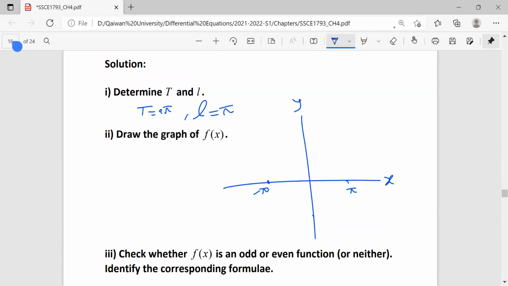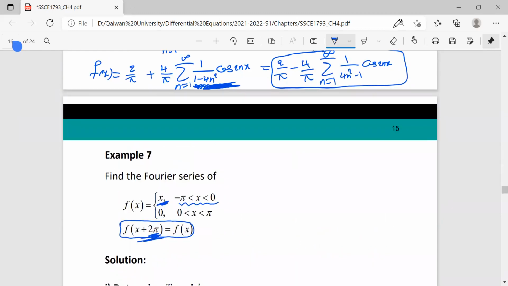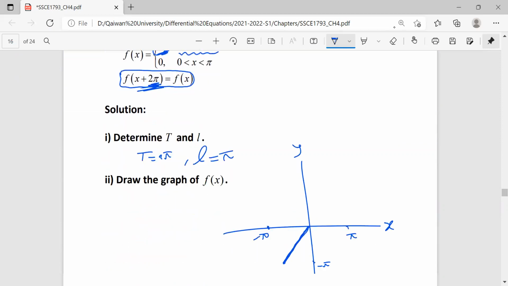We say f of x equals x for x from negative pi to 0. This is the graph of this part. If we give negative pi to x, we get negative pi. If we give 0 to x, we get 0. So we join them, and we get the graph.